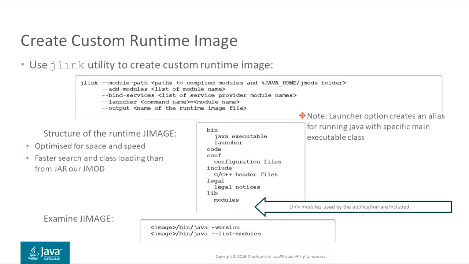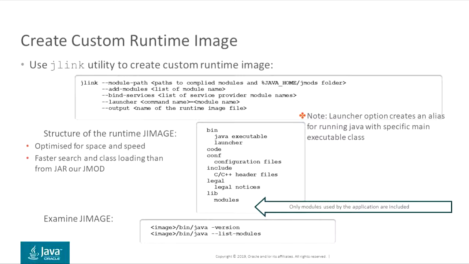This Java Home JMods folder should only be used in the JLink utility when you're creating an image for another platform that's not your current. If you don't put Java Home JMods in a module path, you create a runtime image implying that it will be executed on whichever platform you created it.